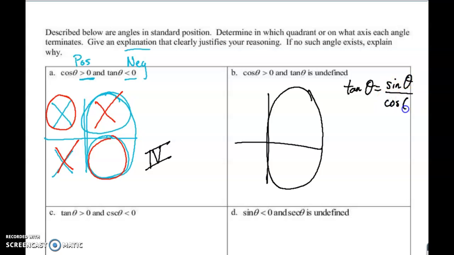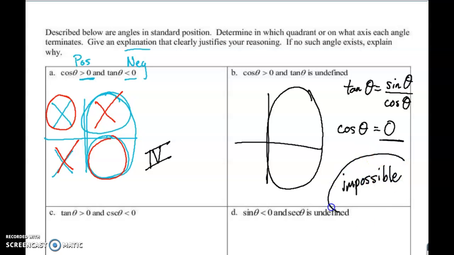So the only time that tangent is undefined is if cosine is equal to 0. Well, how can cosine equal 0 and be positive at the same time? It can't. This is an impossibility. This is not possible. And as far as the reason goes, cosine cannot equal 0 and be positive at the same time.